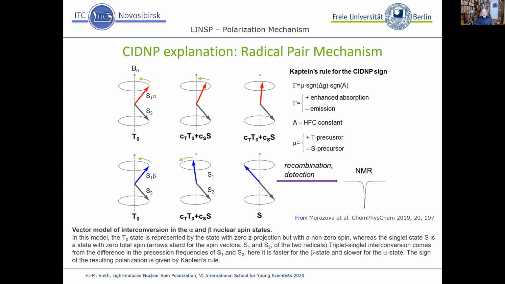The radical pair is only in a superposition of triplet and singlet state, but has not reached the singlet configuration.